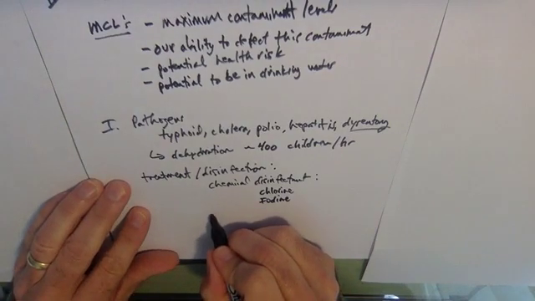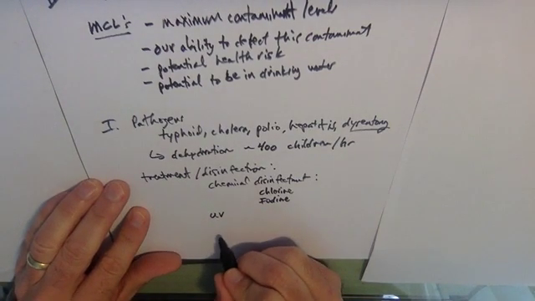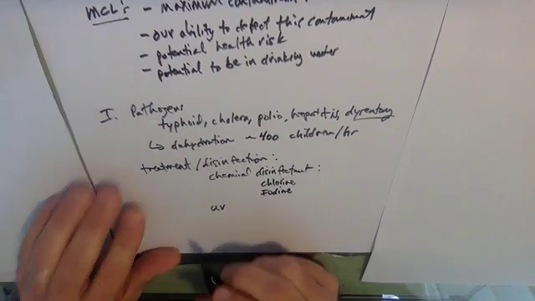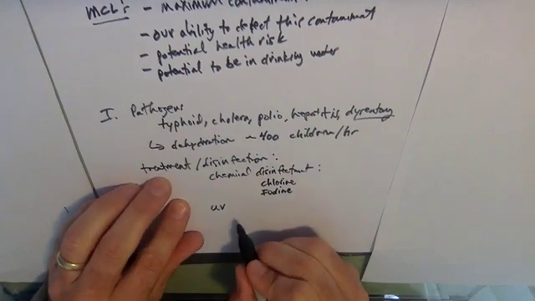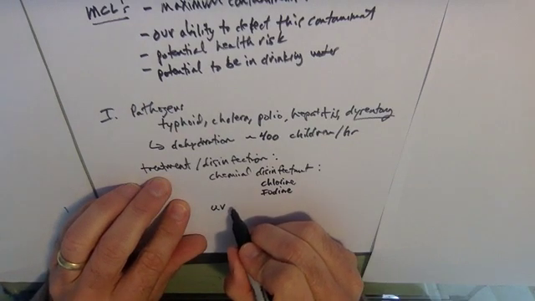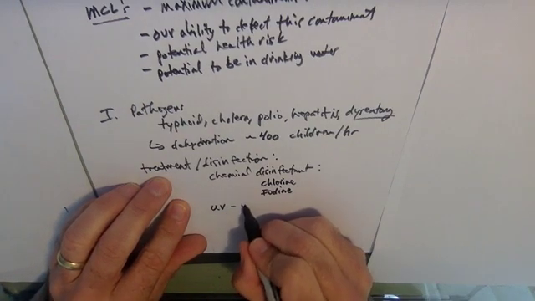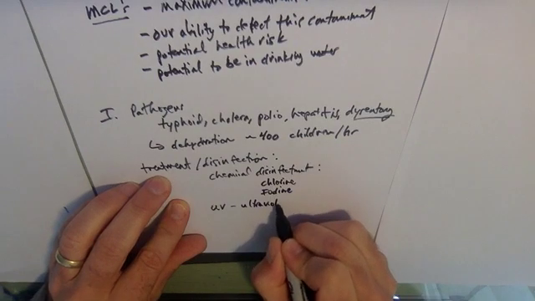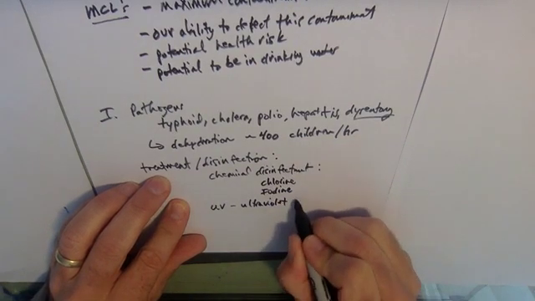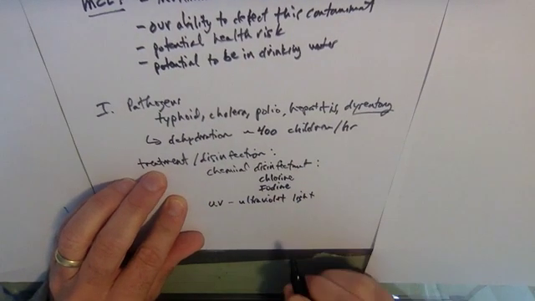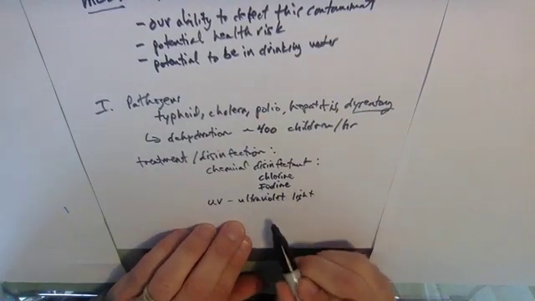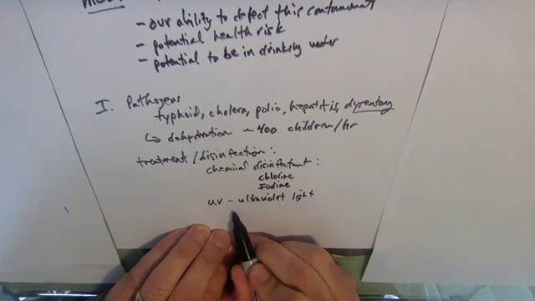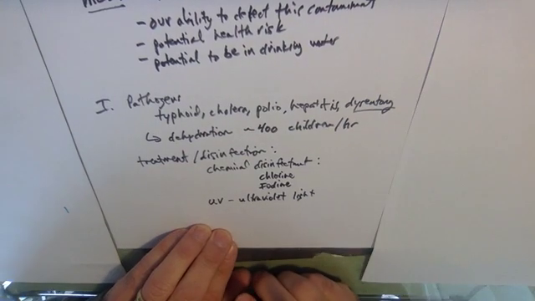Alternatively, another up-and-coming mechanism, and this is being used actually at the new Iowa City wastewater treatment plant, is UV, ultraviolet light. Instead of adding chlorine to the drinking water, the water passes in a thin film around a bunch of very, very strong ultraviolet lights.